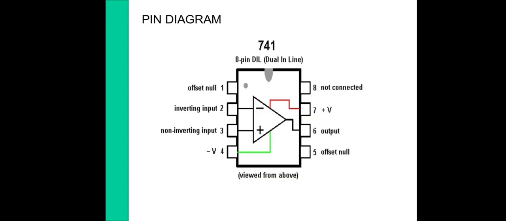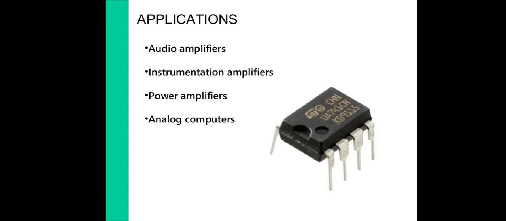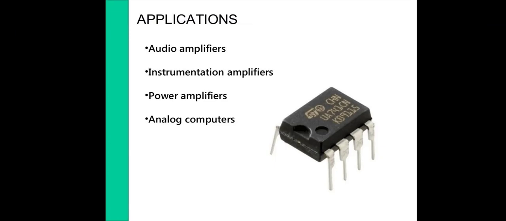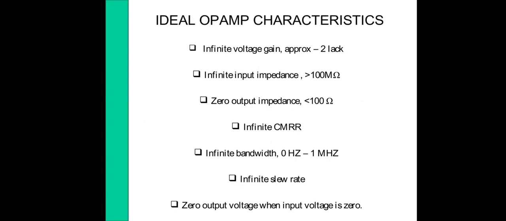The pin diagram for 741: the first pin is offset null, second is inverting input, third is non-inverting input, fourth is minus VCC, fifth is offset null, sixth is output, seventh is plus VCC, and the eighth pin is no connection. Applications of an op amp: audio amplifier, instrumentation amplifier, power amplifier, analog computers.